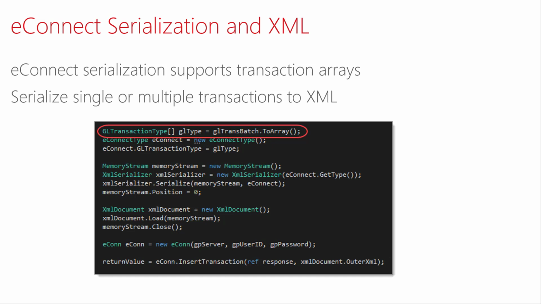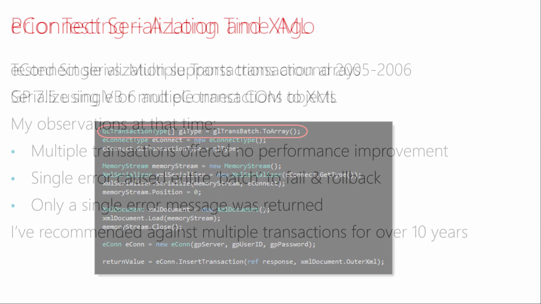So I'm taking my single transaction and converting it to an array to be serialized. But serialization can handle single or multiple transactions and convert them to XML. So instead of just having one transaction, I could have 100 transactions in that GL transaction type array, and eConnect would dutifully convert it to XML.